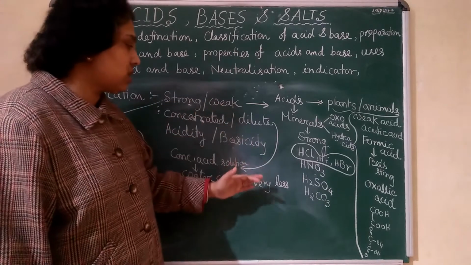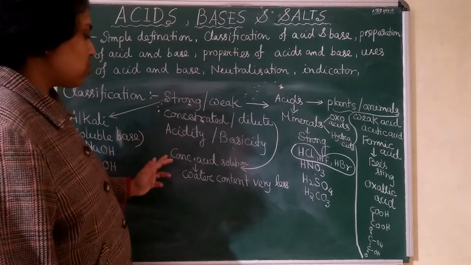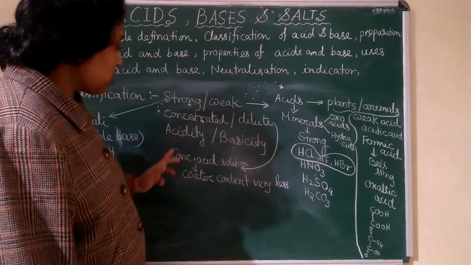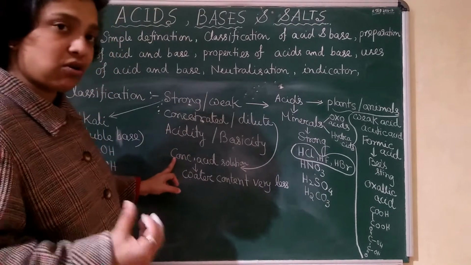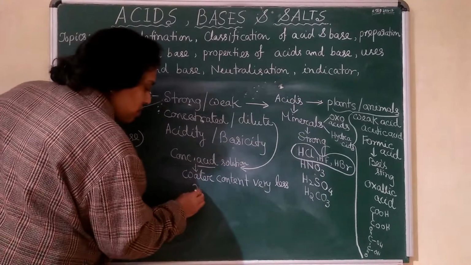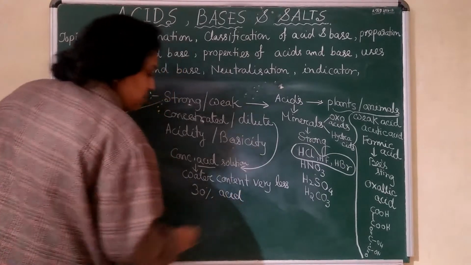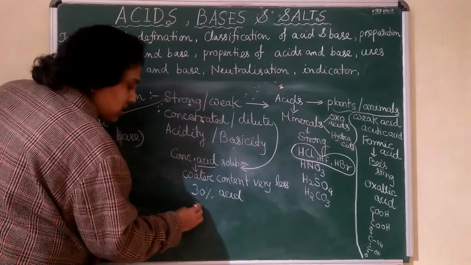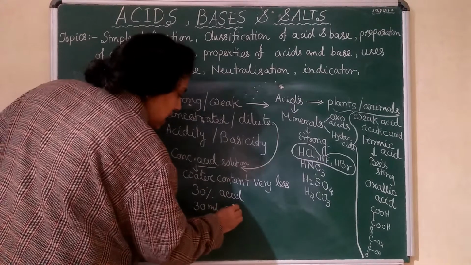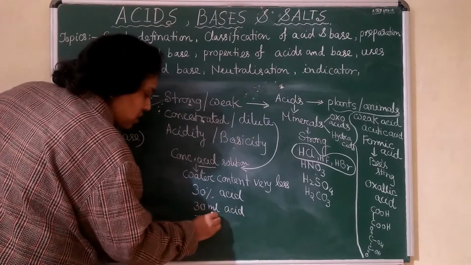Concentrated base solution, concentrated acid solution, dilute acid solution, dilute base solution. If the water content is very less, then it is concentrated acid, because the amount of acid is more. If it is 30% acid, what does it mean? 30% acid means 30 ml is acid and the remaining is water. Remaining means 70 ml, because the total should be 100 ml.